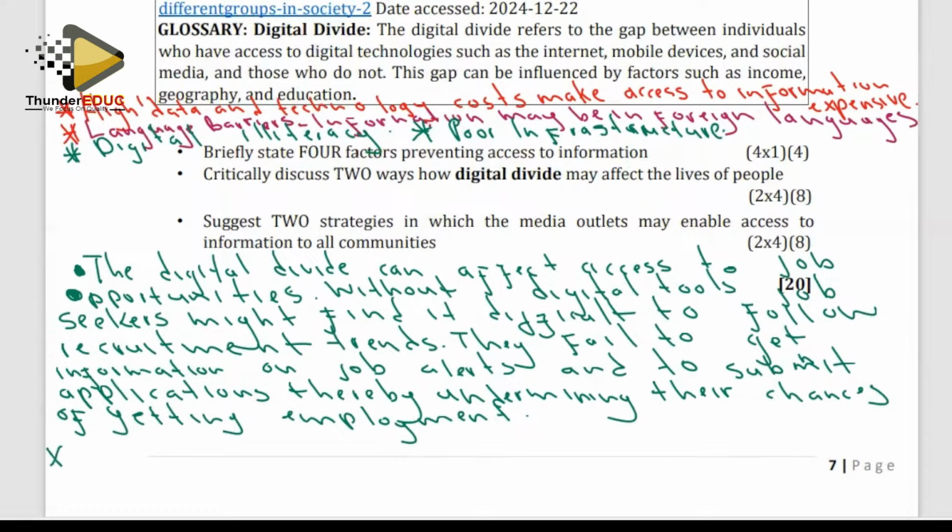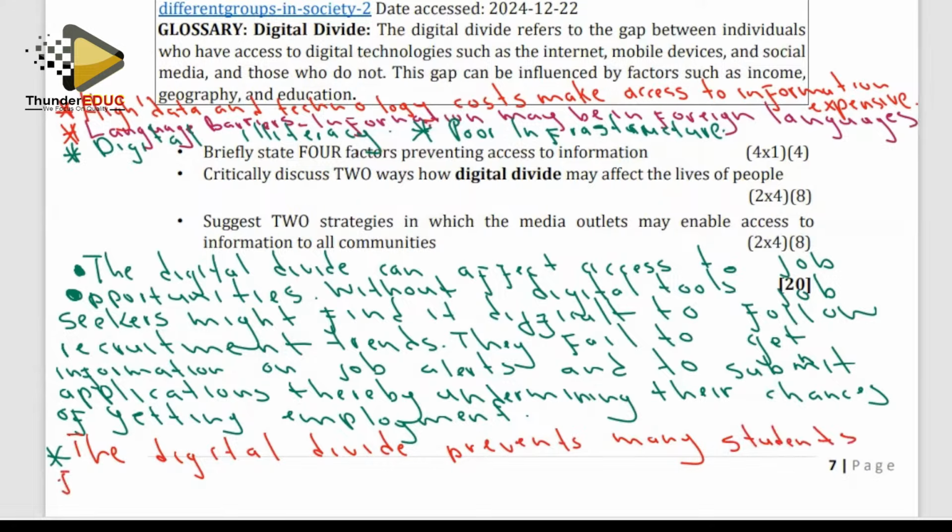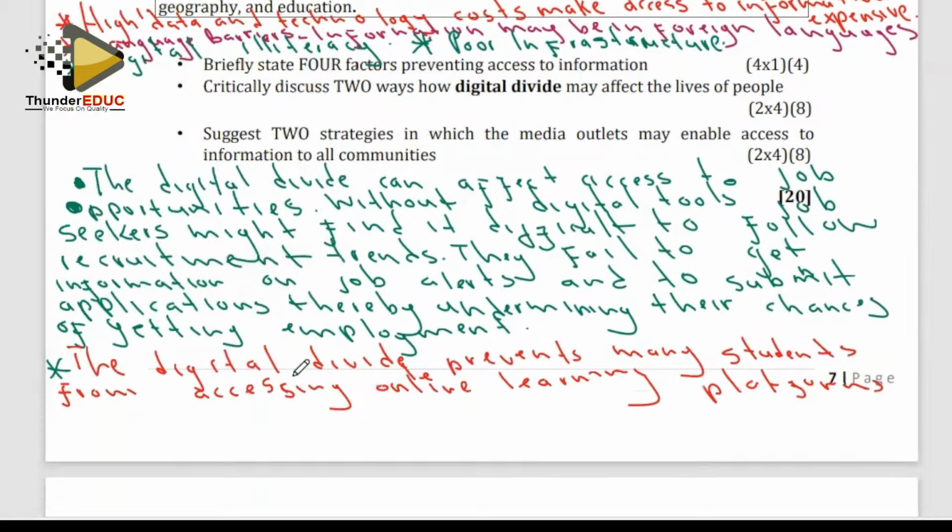Then in terms of education, the digital divide prevents many students from accessing learning resources and online learning platforms.